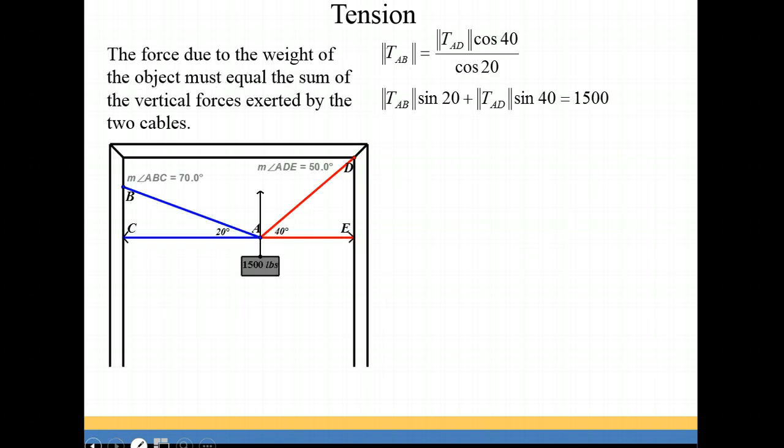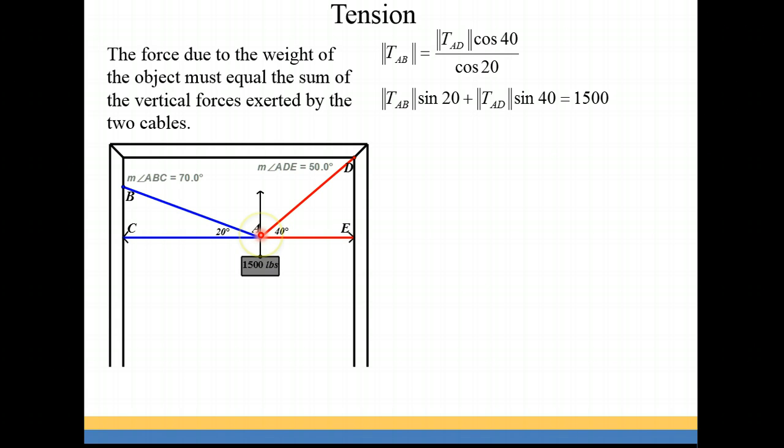Now we're going to look at the vertical forces. So we have this one vertical force going down, which is the weight of the object, or 1,500 pounds. If the system is in equilibrium, the 1,500-pound weight will just be staying steady and being suspended. It won't be continually moving down.